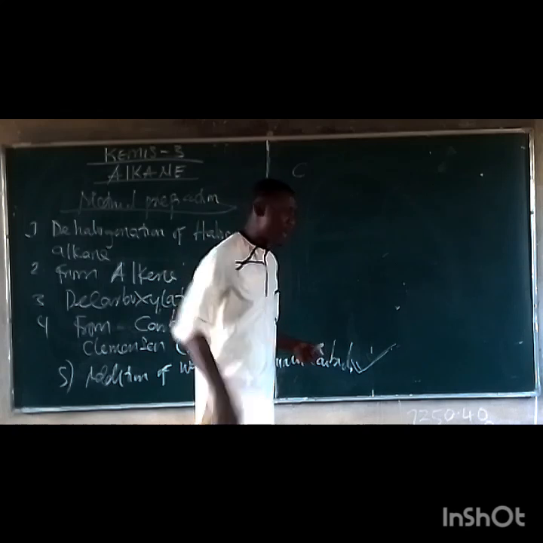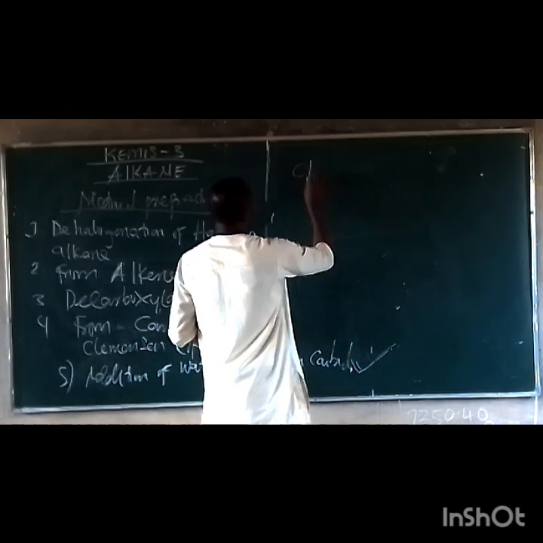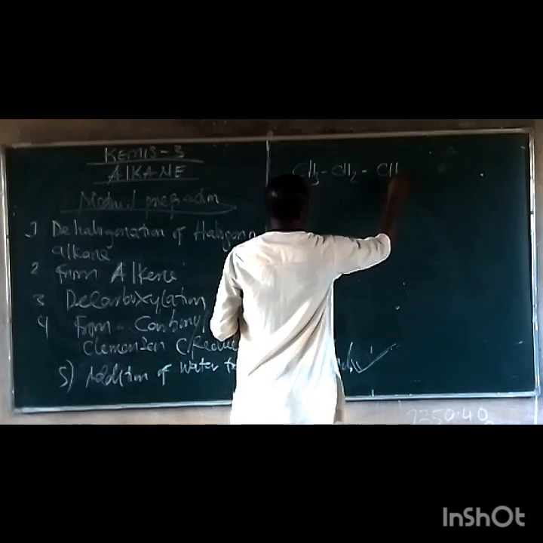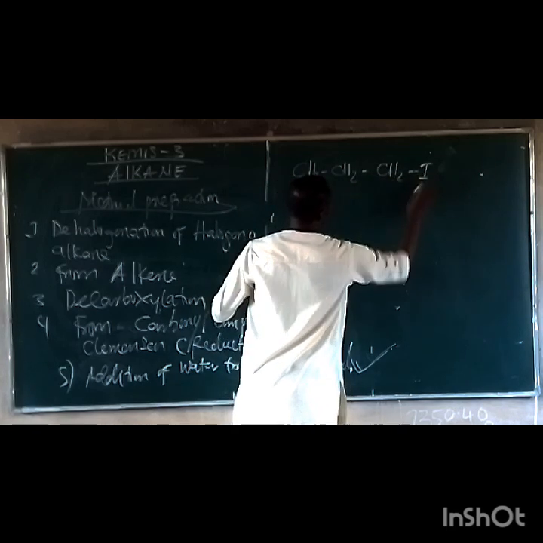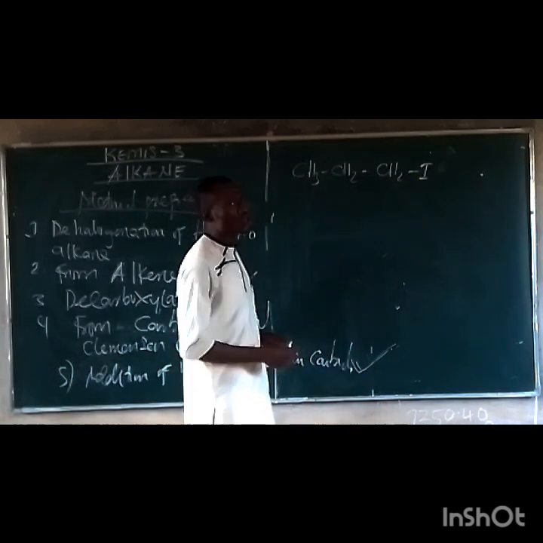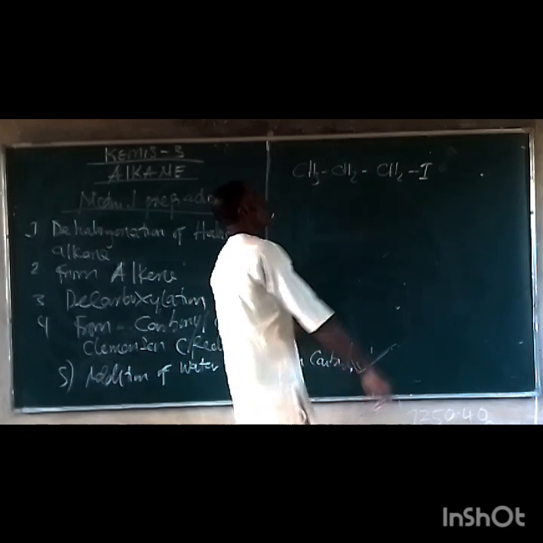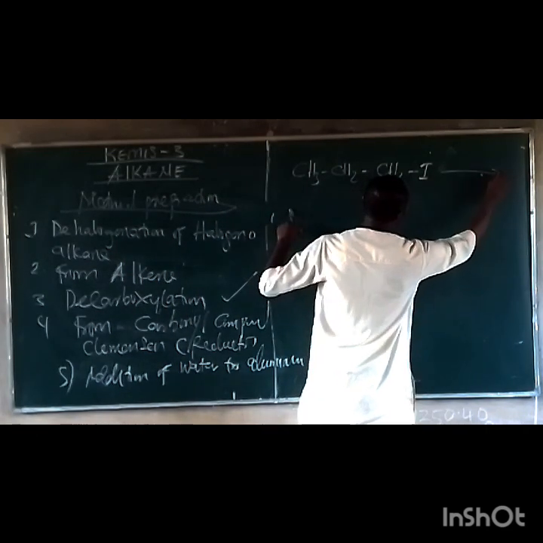Now, CH3CH2CH2I is iodopropane. We're going to use a reagent.